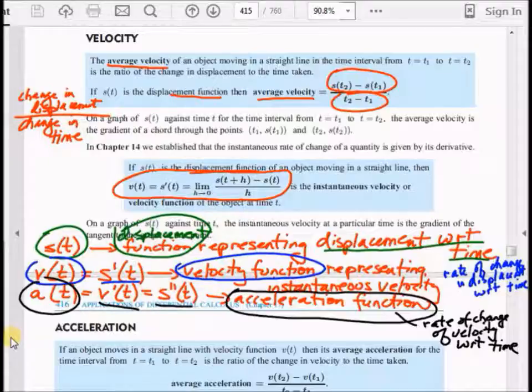Okay, so we can think about now, what would the units of these functions be? Up here in our displacement function, if we're talking about distance in meters, it's with respect to time, we're talking about meters. If we're talking about velocity in our velocity function, this is the change in distance, so meters, with respect to time.